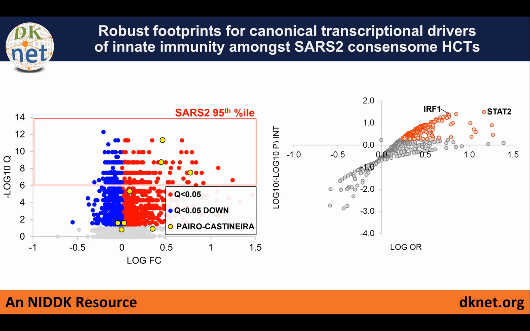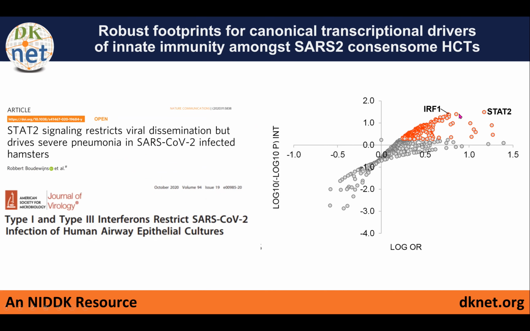And when we ran HCT intersection analysis on these SARS-2 HCTs, we found very robust high confidence intersections for nodes that have known roles in the innate immune response, and these include things like IRF1, which mediates signaling by interferon, and also STAT2.